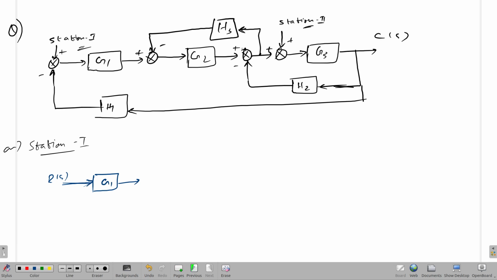So when you are considering station 1, here we have this problem, right? This feedback and this feedback are sort of mixing together. So we have to accommodate for that. So what I will be doing is I will be shifting this one over to here, so that this feedback will be within this one and there won't be any conflicts.